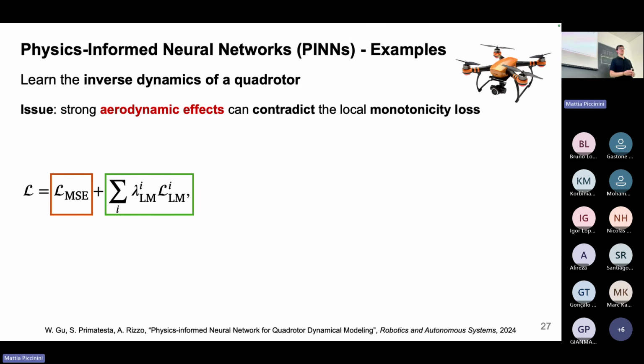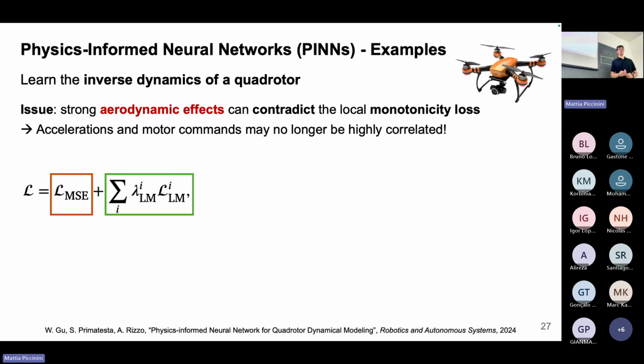So if you have strong disturbances, wind, aero effects, or also if it's not wind but turbulence effects generated by the drone, it can be that this law is not true anymore, right? So this loss function term may actually not always be valid. Okay, depends on the data probably.